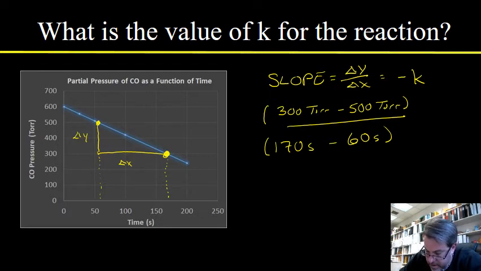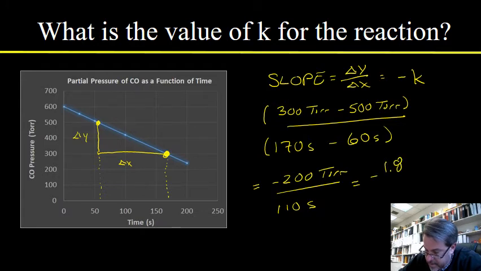So in the numerator, we're going to get negative 200 Torr, and in the denominator, we get 110 seconds. And so our slope is negative 1.8 Torr per second.